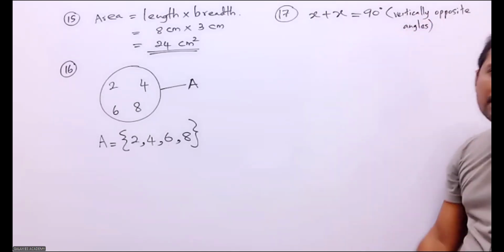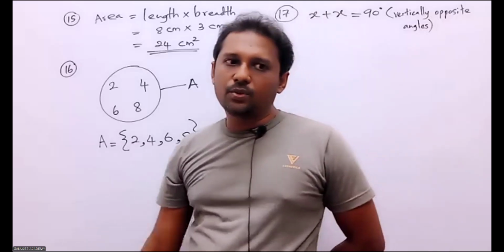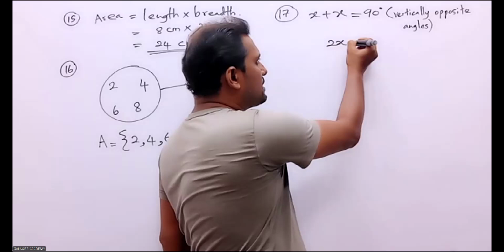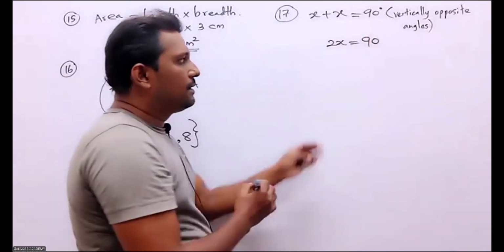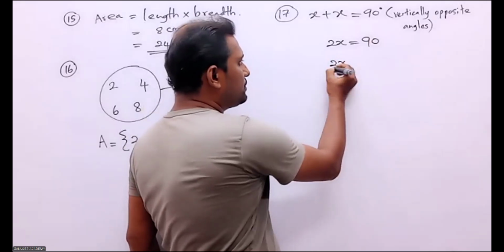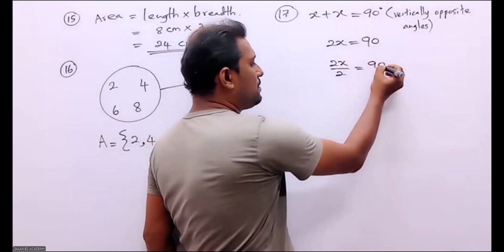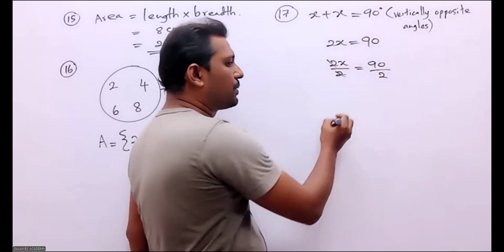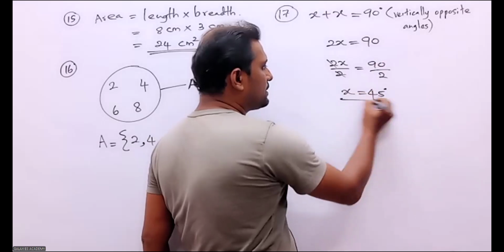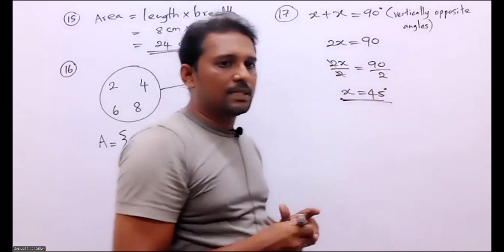Then you can solve this equation. x plus x means 2x. 2x equals 90 degrees. Then divide both sides by 2. 2 and 2 cancel. x equals 45 degrees. That is number 17.